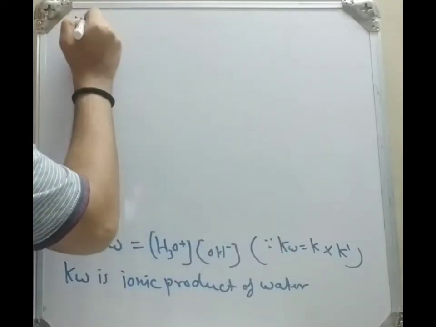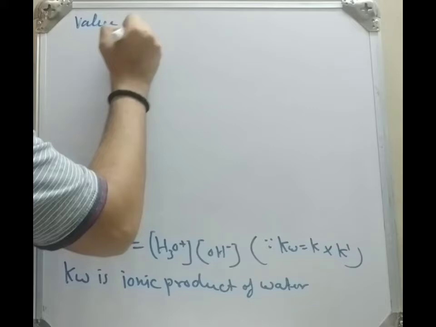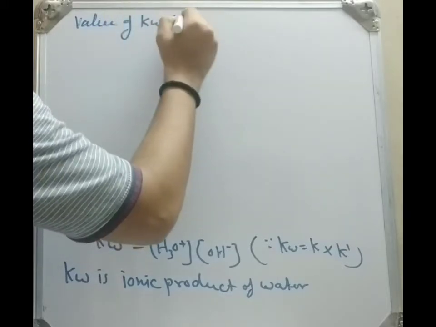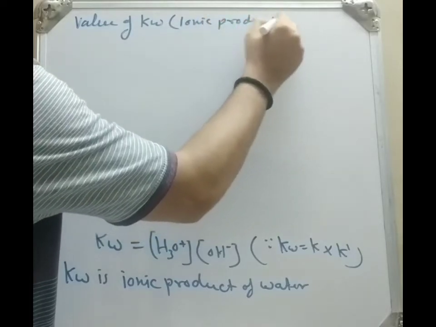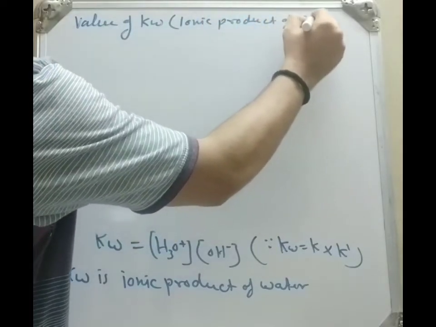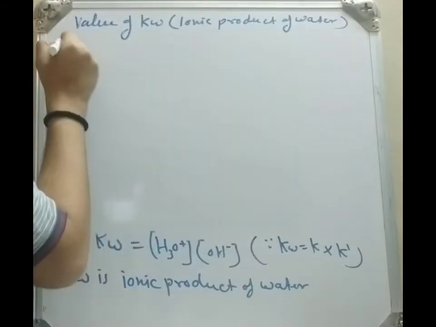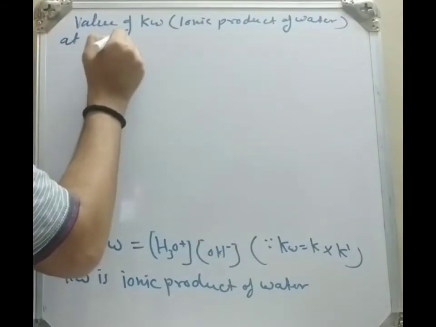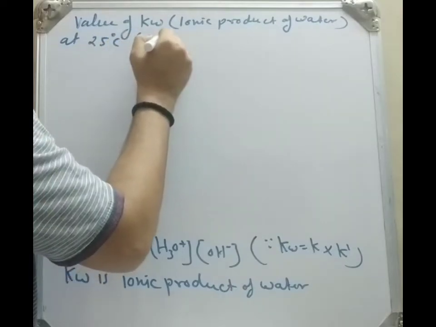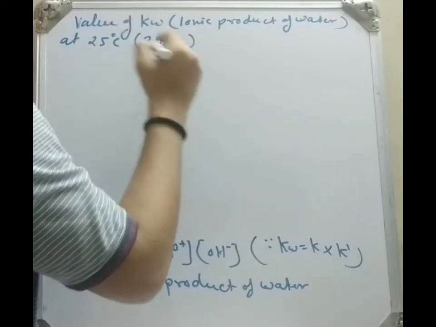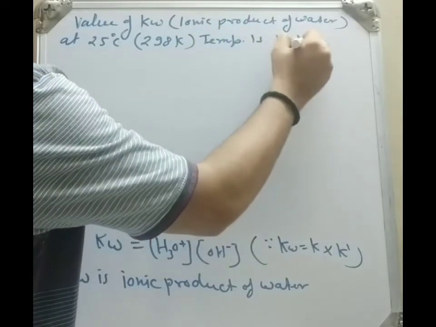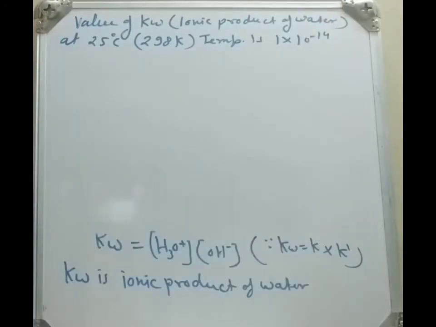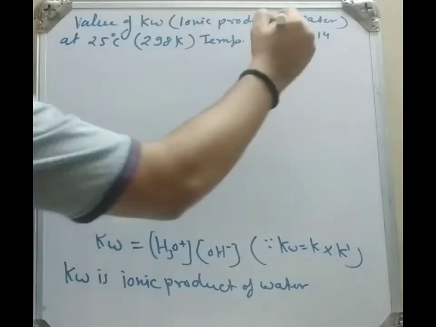Kw is equal to H3O plus concentration times OH minus concentration. So the value of the ionic product of water at 25 degrees Celsius, 298 Kelvin, is 1 into 10 raised to minus 14.